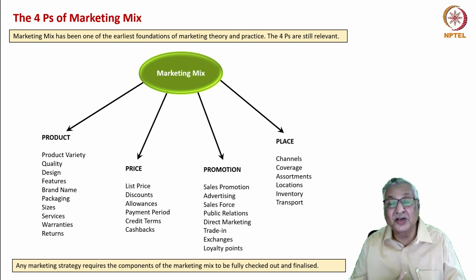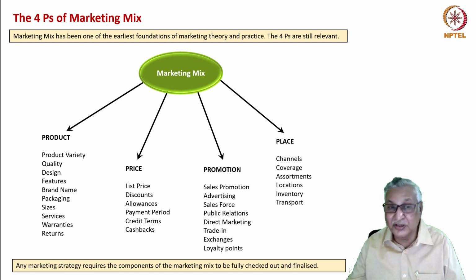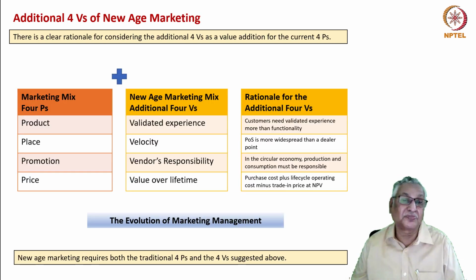These are all decisions that are made as part of your marketing strategy. And the transport logistics, depending upon the stocking policy, you also need to have a logistics policy. Any marketing strategy should include all the four P's in a comprehensive manner, and it should be checked out and finalized before a marketing strategy is rolled out in the marketplace.